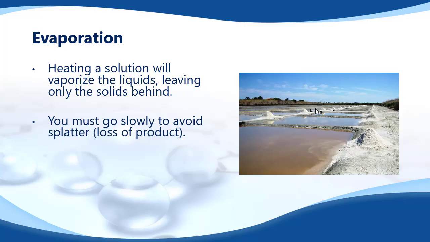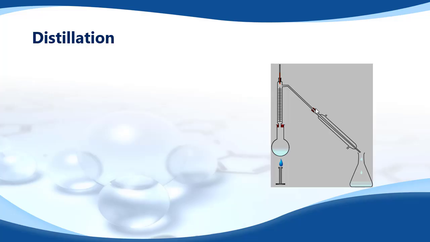A watch glass helps you keep that solid there because it will actually catch it as it hits. And what happens is any liquid or solvent is driven off, and all of the dissolved solids are now in solid state, and you can collect them. Right? So that's evaporation. Our next separation technique is what's called distillation.